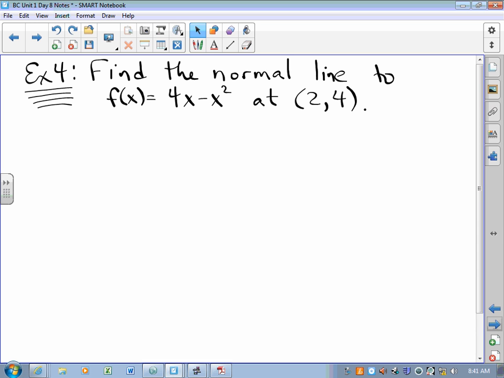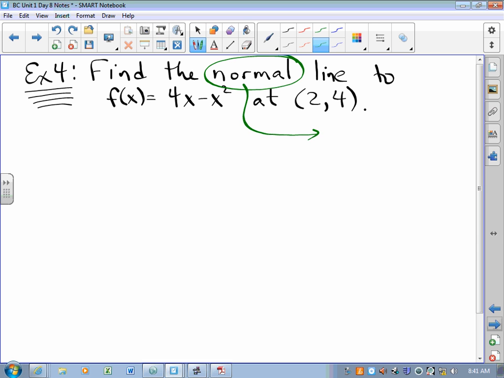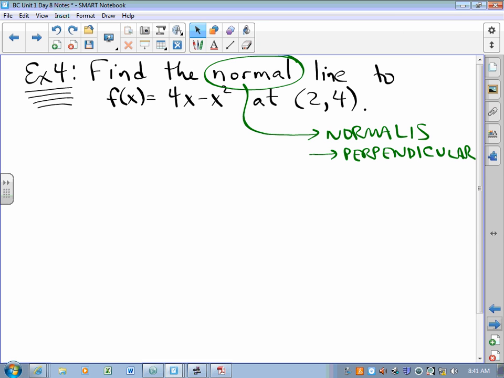How can you say the word normal? Well, I don't care. So normal. Normal comes from the Latin word normalis, which means perpendicular. So what we're looking for is the line that is perpendicular to the tangent.